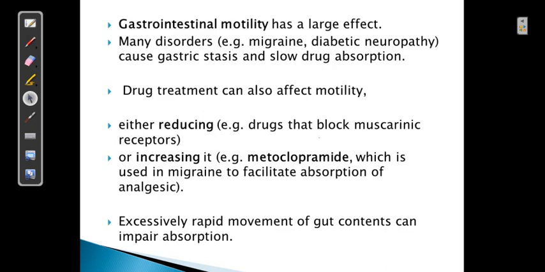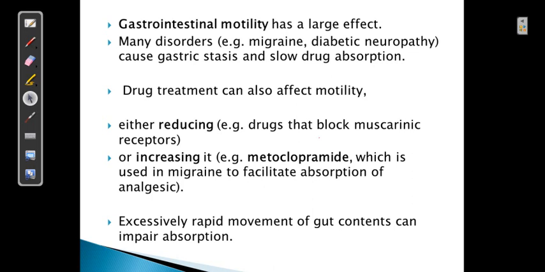Now GI motility has very large effect. Certain disorders like diabetic neuropathy and migraine decrease the GI motility, so they slow the drug absorption. Even drug treatment can also affect the motility by either reducing or increasing the motility.